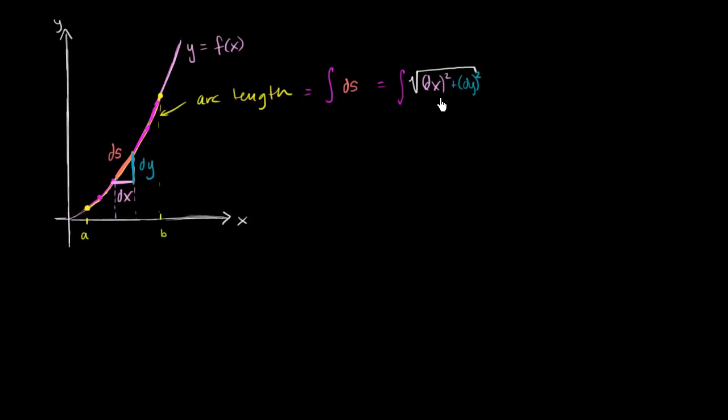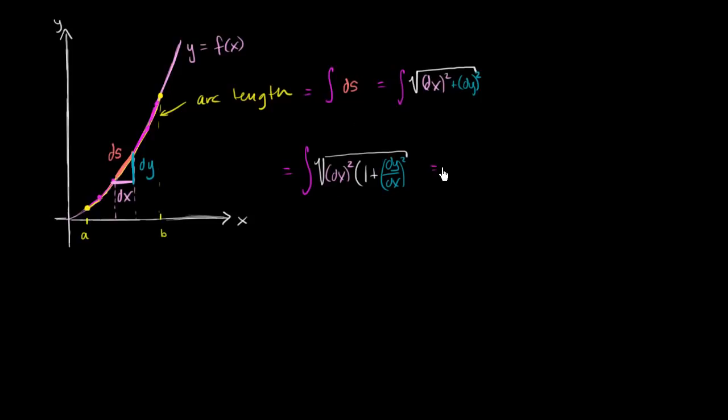Well, I could factor out a dx squared. So let me just rewrite it. This is going to be the same thing as the integral of the square root of dx squared times 1 plus dy over dx squared. Notice this and this is the exact same quantity. If I distribute this dx squared, I'm going to get this right up here. And now I can take the dx squared out of the radical.